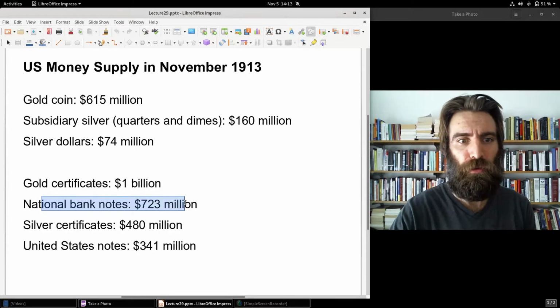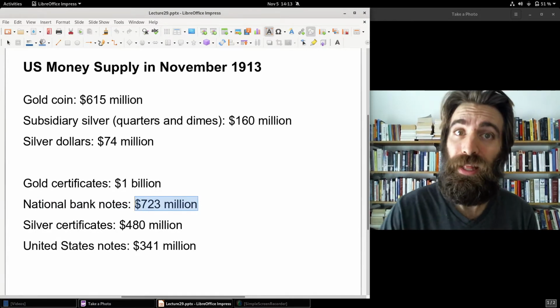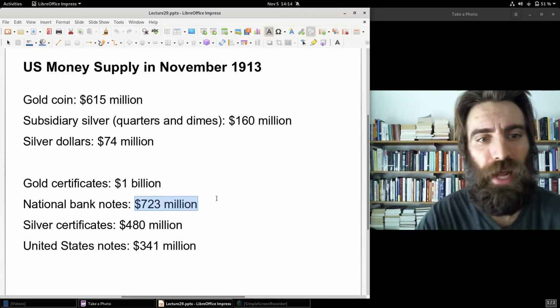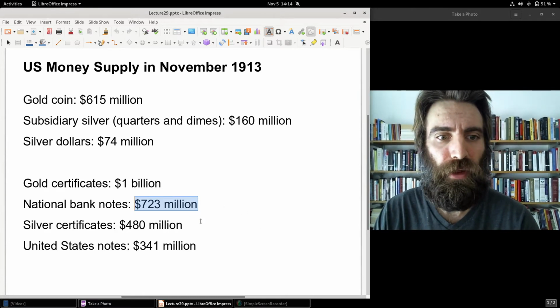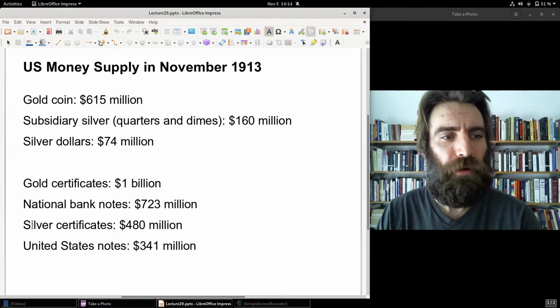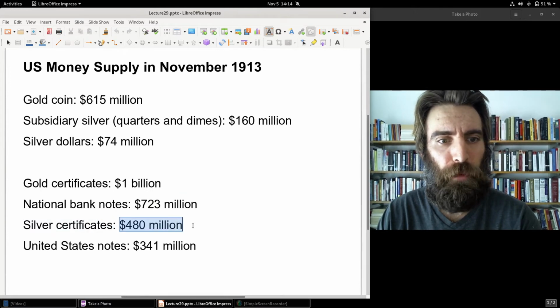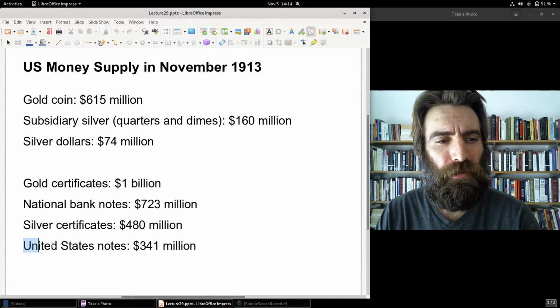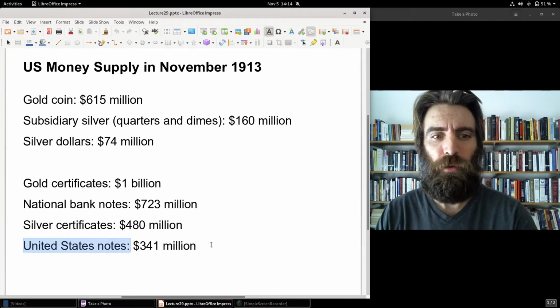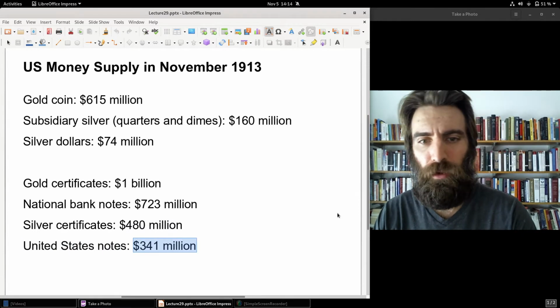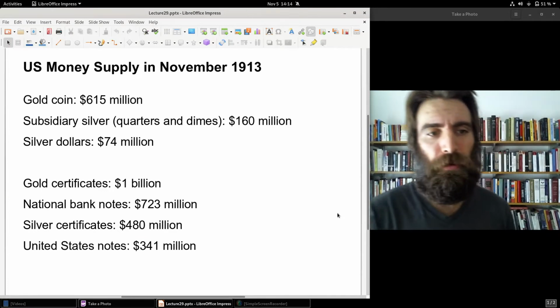National banknotes, well, we know that one. $723 million worth. That's a lot of national banknotes out there in circulation. Silver certificates. 480 million. And then something else, United States notes, 341 million. So what's all this about?